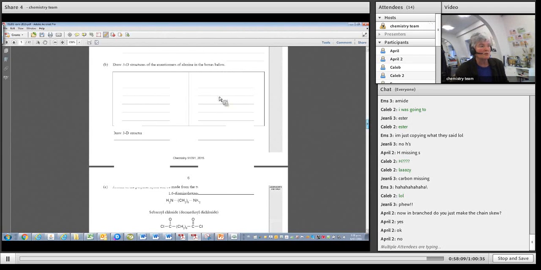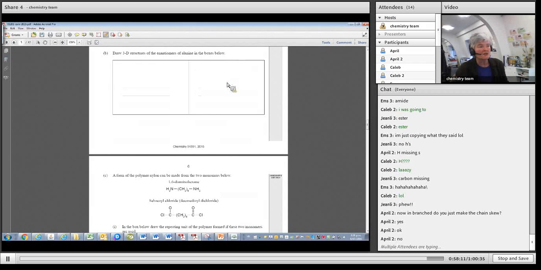And remember, with your 3D structures, please don't draw something like that just because you had OH here and you're trying to do the mirror image. Sorry, that's supposed to be an O. Don't make hydrogen have 2 bonds. Hydrogen must have 1 bond only.